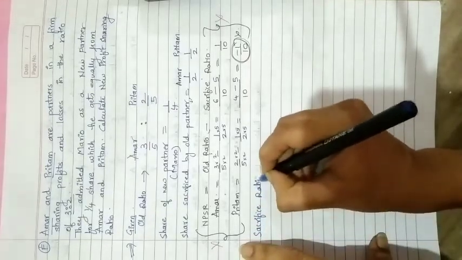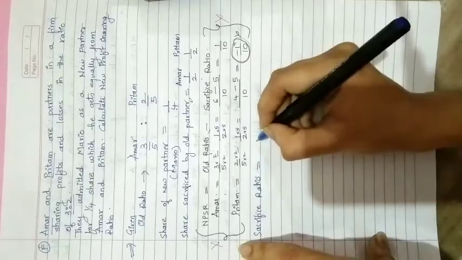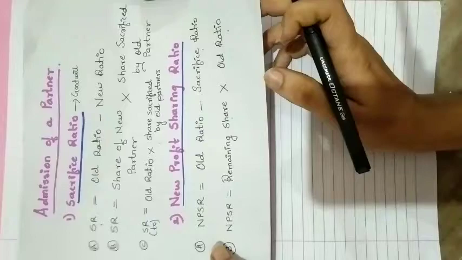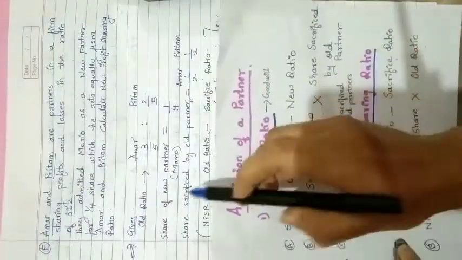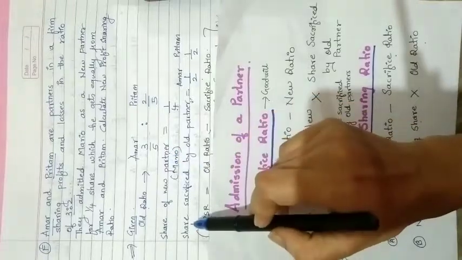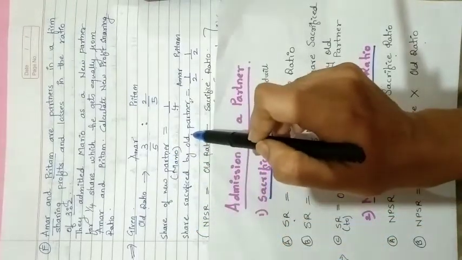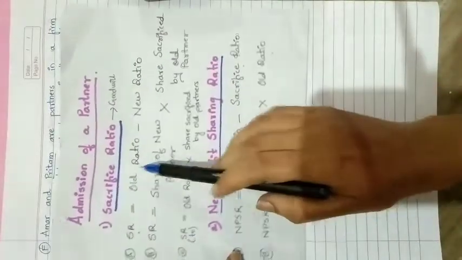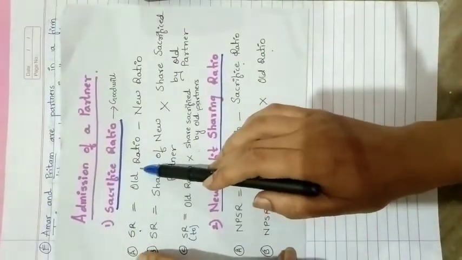Sacrifice ratio is equal to, now which formula can we apply over here to calculate the sacrifice ratio? See, we have with us old ratio, we have with us share of a new partner, and we have with us share sacrificed by old partner. So this definitely we cannot apply.